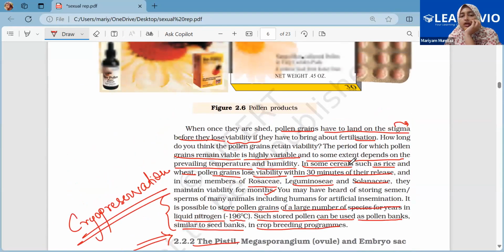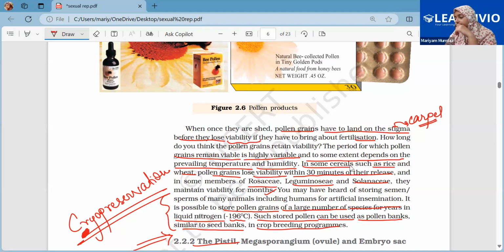Now, once the pollen grains are shed, they have to land on the stigma. And I am saying that stigma is a part of carpel. Now, you tell me, what is carpel? Carpel is calyx?